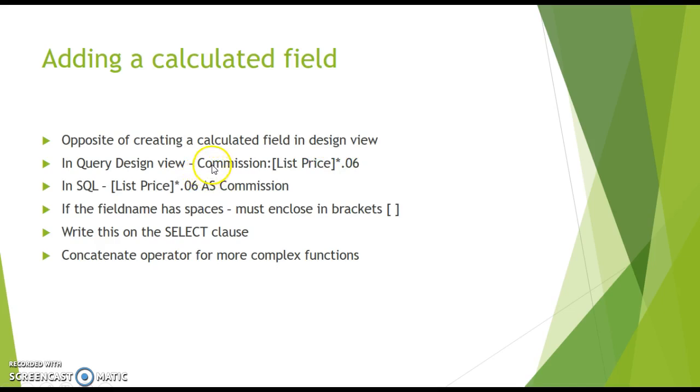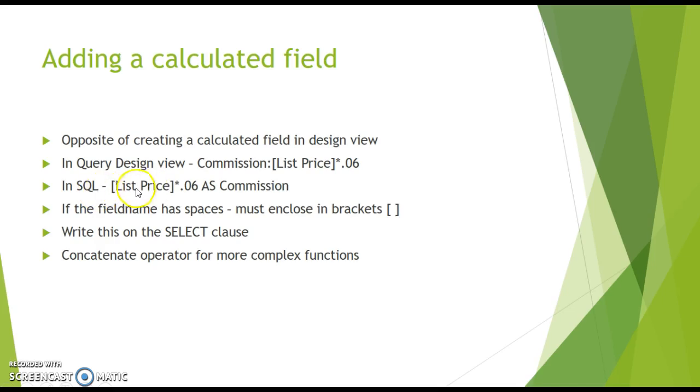In SQL, you start out by typing the expression or calculation first, and you use the AS clause to name the new field. So in SQL, it would be written list price times 0.06 or 6% AS commission. In other words, you'd have a new field called commission that would take the field information in list price and multiply it by 0.06.